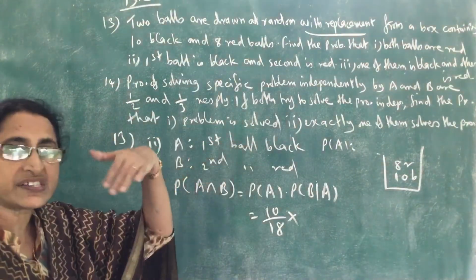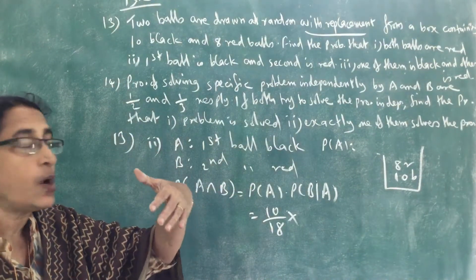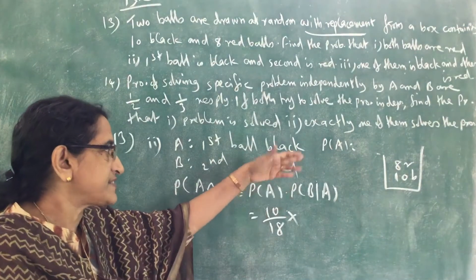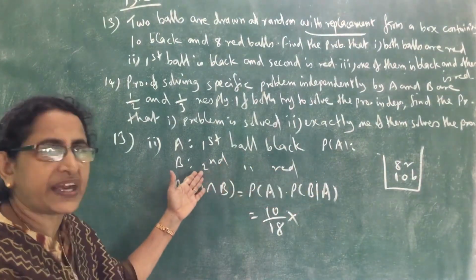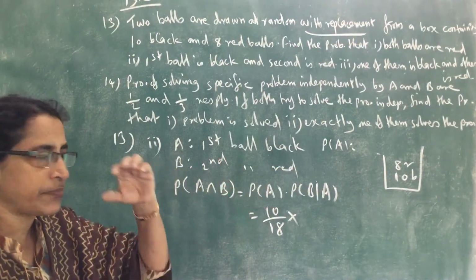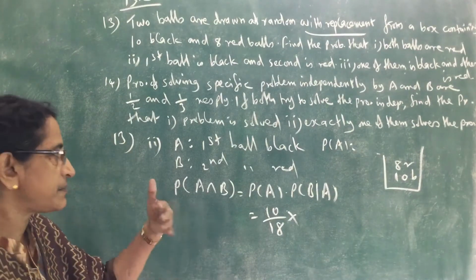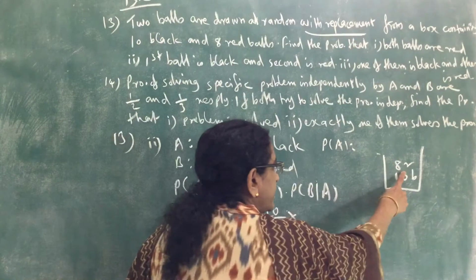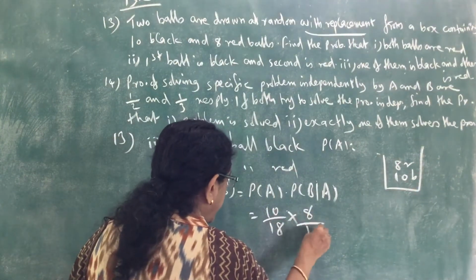If the first ball drawn is black, what is the probability of getting red in the second draw? That is the same as simply finding the probability of B. Since the ball is kept back, it doesn't make any difference. There are 8 red in 18.